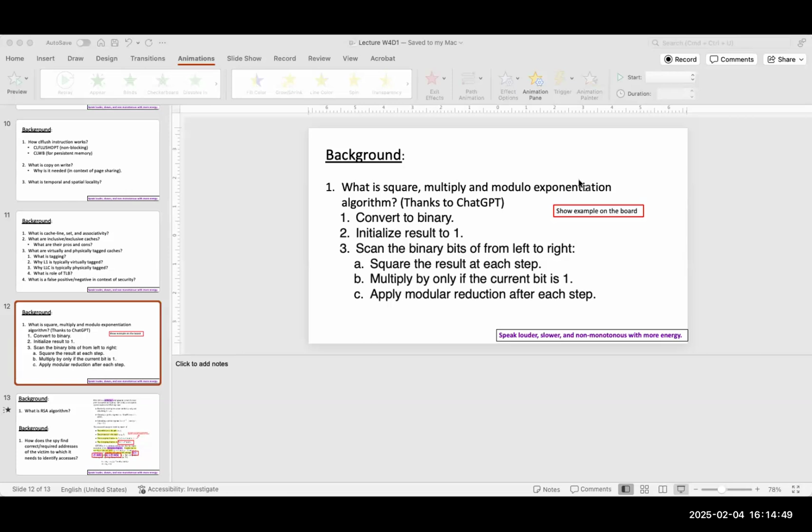First, whatever current result you have, you scale it: 1 times 1. This is the scale step. Then you look at the value of the bit. If the bit is 1, you multiply with the base: 1 times 3. So you did the multiply.